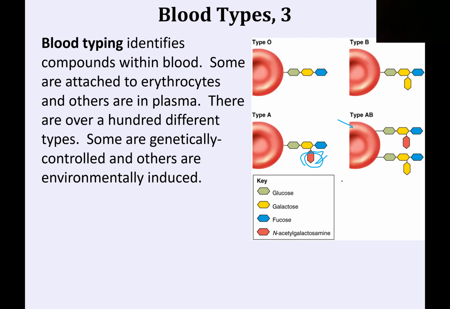We have over 100 different types of blood in humans. In other organisms, they have different numbers. Some of these are genetically controlled, and some of these are environmentally induced. And it has to do with the types of things we've been exposed to and what we develop in order to deal with those.